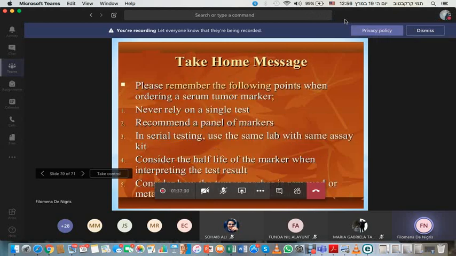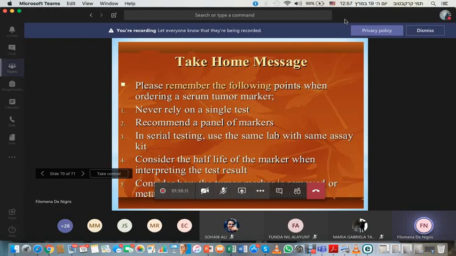Again, remember the following points. When you order serum markers in the laboratory, never rely on a single test, never. Recommend a panel of markers, because remember, often we are in a gray zone. There are patients that cannot express the marker because of different situations, other therapy, or other kinds of disease.